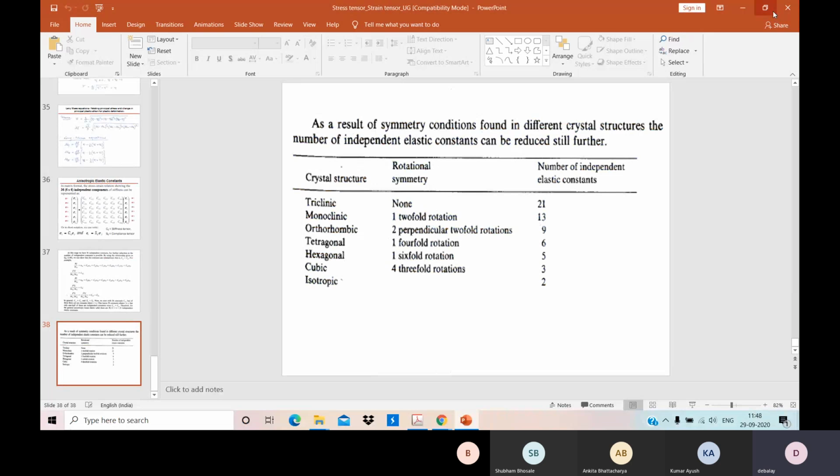So I request you to please go through these 2 lectures. These were quite extensive, more than 1.5 hours, but these are very important aspects to understand. I give you time till Thursday night, because the derivation that we will start on Friday requires this understanding: stress tensor, strain tensor, and their relationship.